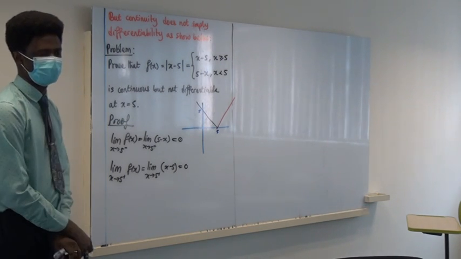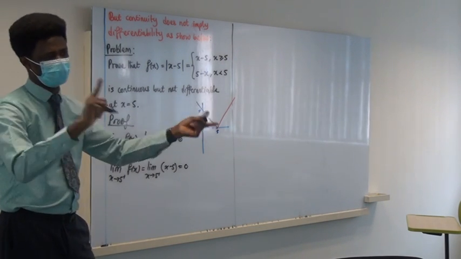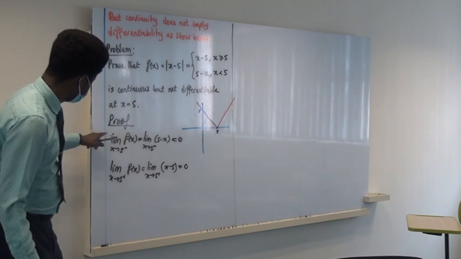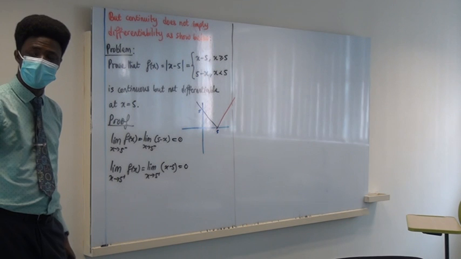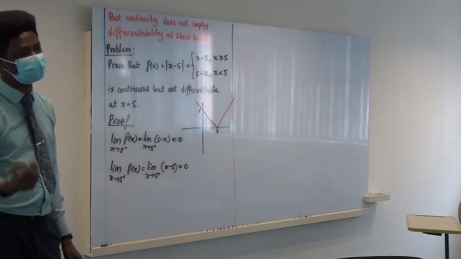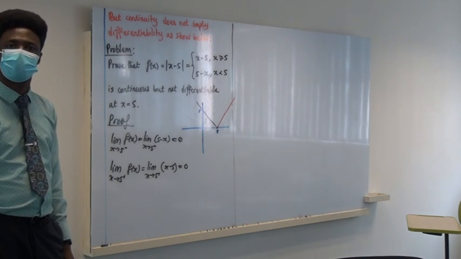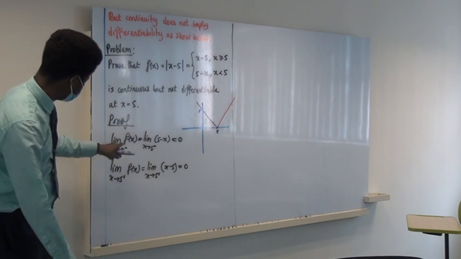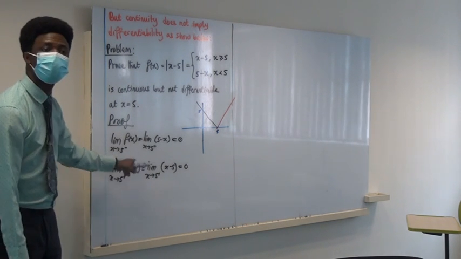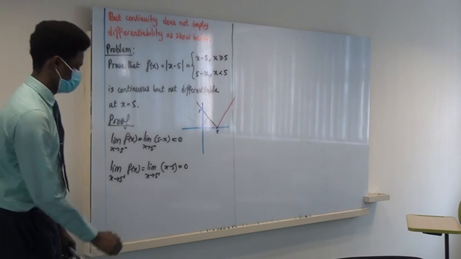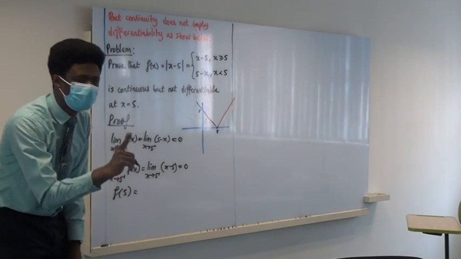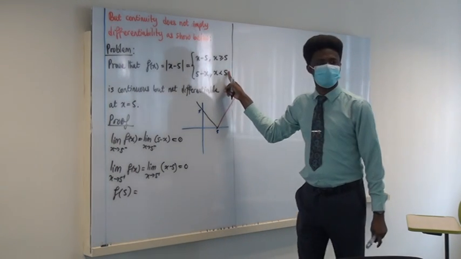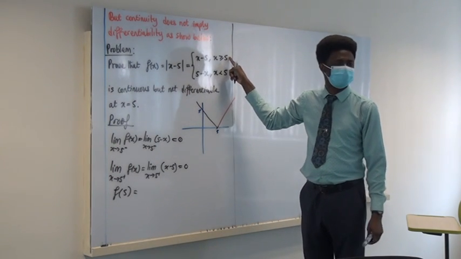What is the next thing I should check? F of 5. Remember, the two-sided limit must be the same. This being equal means that that limit exists. But is the limit the same as f of 5? Is another question. Are you with me? So f of 5 itself, because we are dealing with 5, 5 is not in this interval. 5 is here, right?